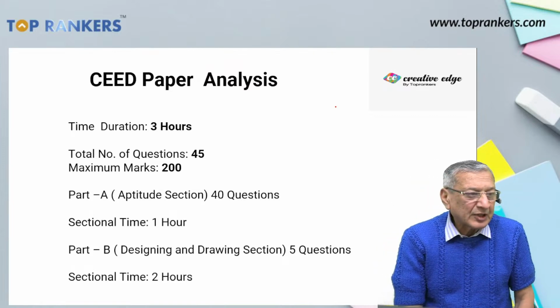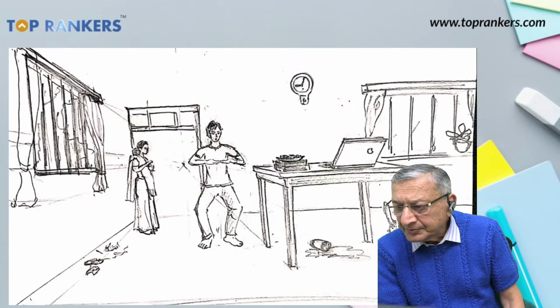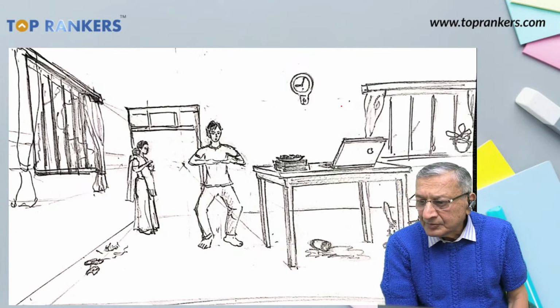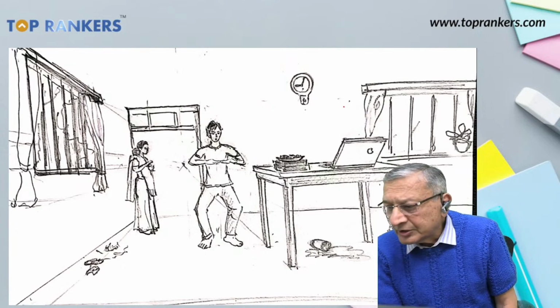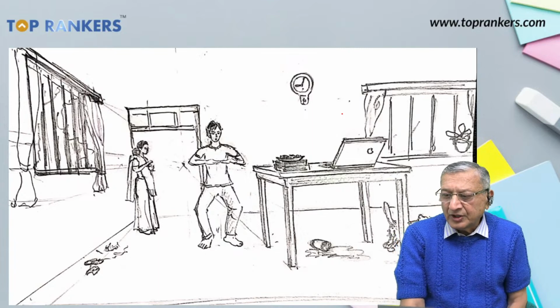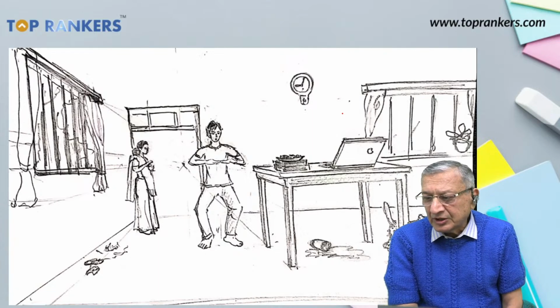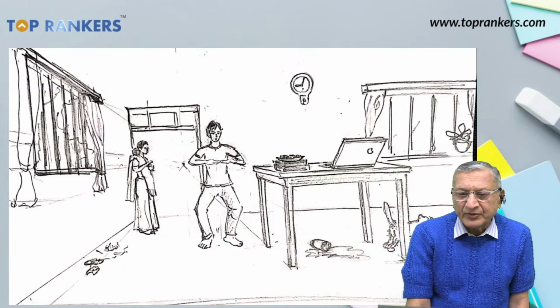Let me take some questions about UCEED before we go on. Shreyash Gupta is saying that in this drawing the perspective is wrong, since the viewer was supposed to be sitting on the ground. Shreyash Gupta, check your knowledge about perspective. The perspective is perfectly done.